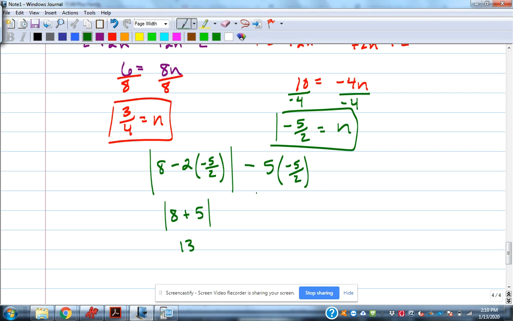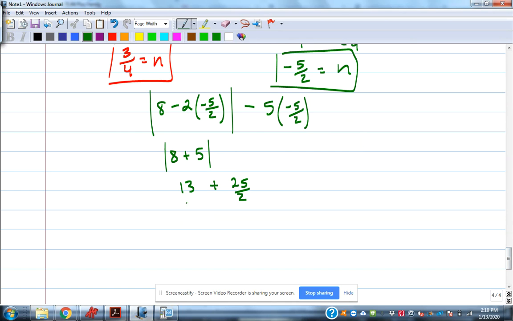So that's 13. And that's going to be 25 over 2. 13 plus 25 over 2 would be, yeah, put that over 1, multiply by 2. So 26 over 2 plus 25, 51 over 2. That's what the left-hand side equals.